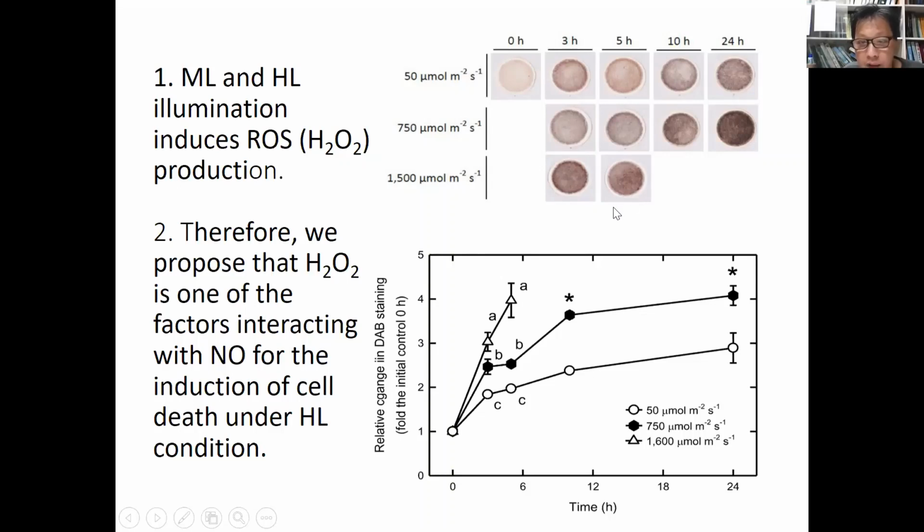This means there is high H2O2 production. Therefore, we propose maybe H2O2 is one of the factors acting with NO for the induction of the cell death under high-light condition.